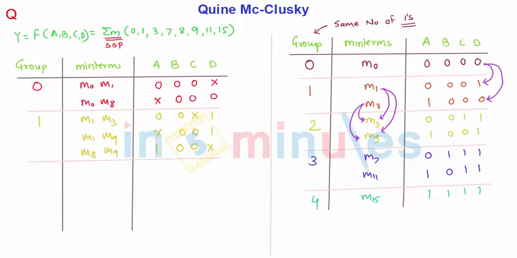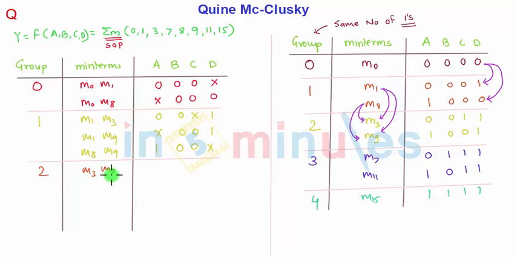Now I'll move down to group number 2, which is nothing but the comparison of 2 with 3. M3 compared with M7. M3 with M7, only 1 bit difference is there at B, so it will be 0 don't care 1 1.